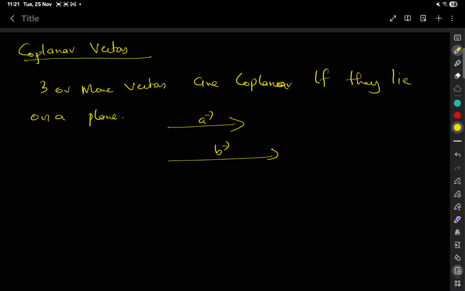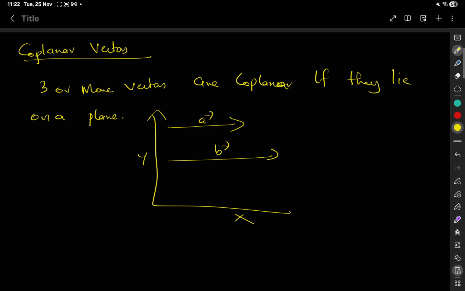Now the question is, assume that this B I moved parallelly in the Z direction. Think this is X axis, this is Y axis, and I took the Z axis, and B I moved parallelly. Then also these two vectors are coplanar.